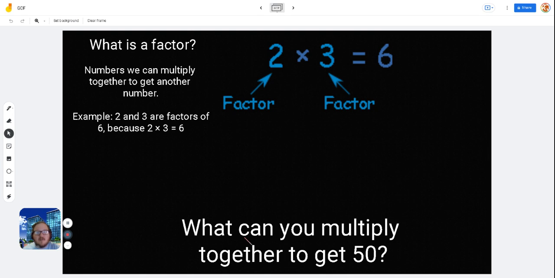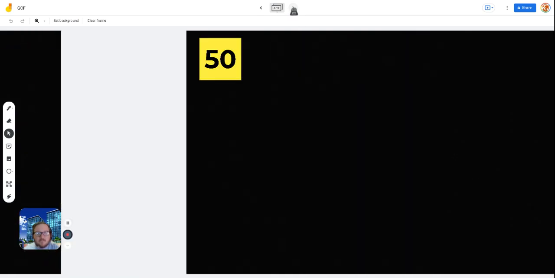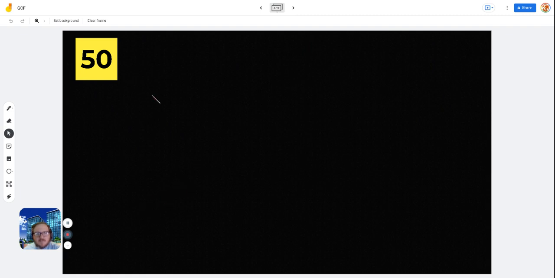I want you to think for a minute, okay, what are some numbers that you can multiply together to get 50? Okay, well, if we go to 50, we're like, okay, we need to figure this out. I know that 1 times 50 equals 50 because anything times 1 is going to equal itself, right?